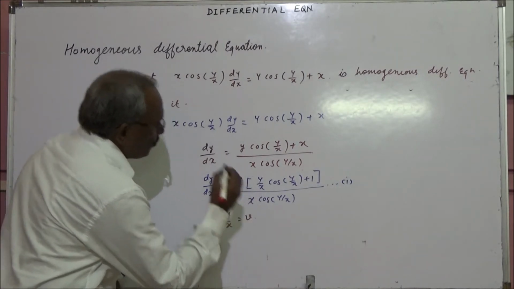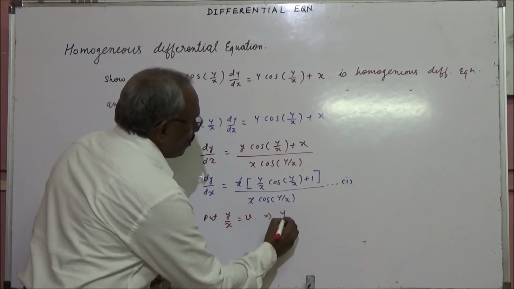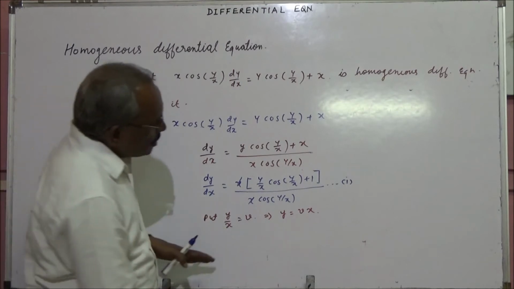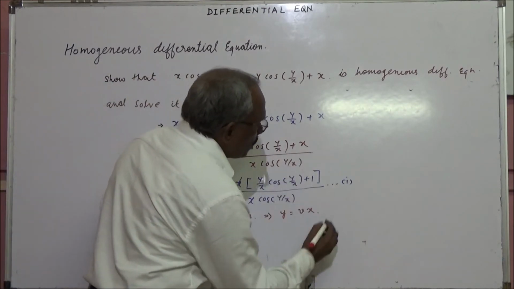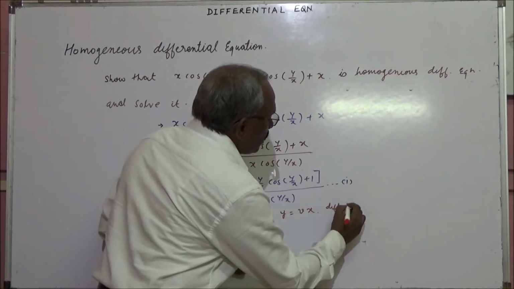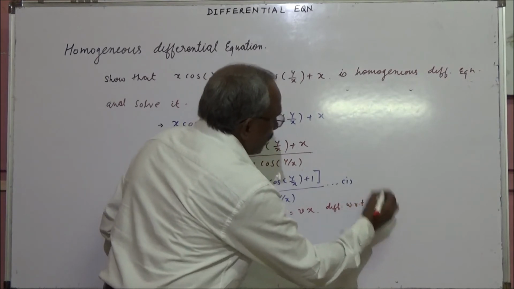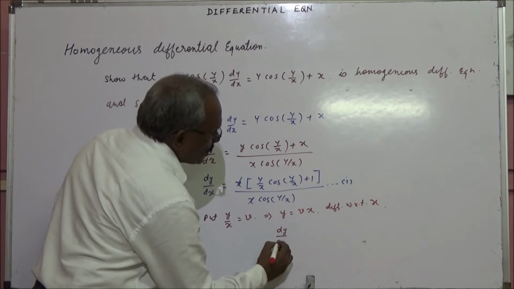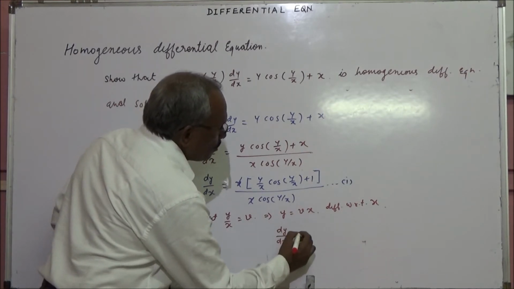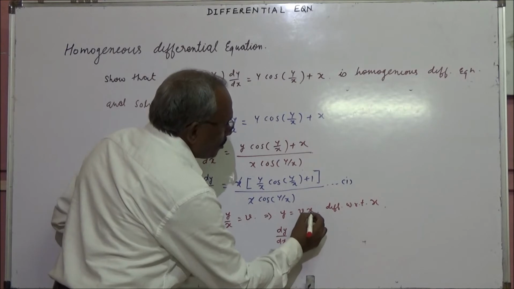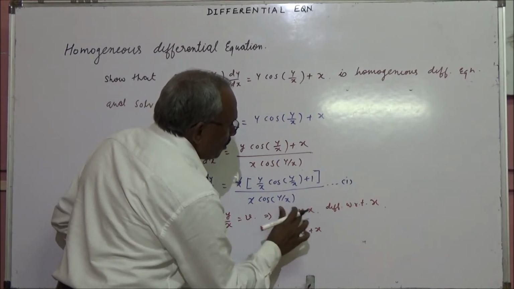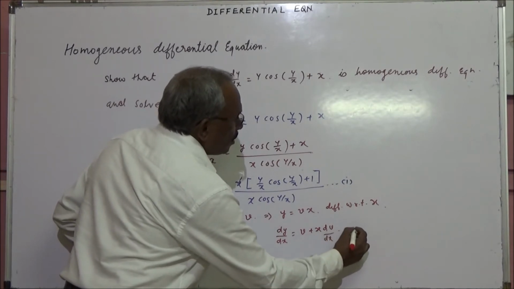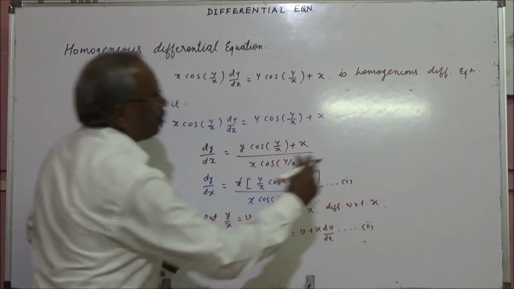So put y by x is equal to v. So this implies y is equal to vx. So y is equal to vx, differentiate this with respect to x. Differentiating with respect to x, what will be this? dy by dx is equal to first function into derivative of this is 1 plus second function into derivative of v, dv by dx. So call this as equation number 2.